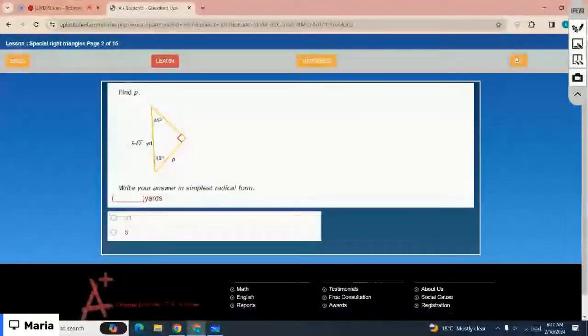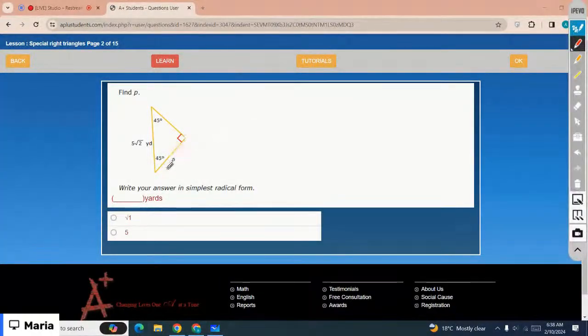Okay, the next one is find P, right? You have to calculate the P. So P is the shorter leg. The hypotenuse equals 2 times the shorter leg, right?